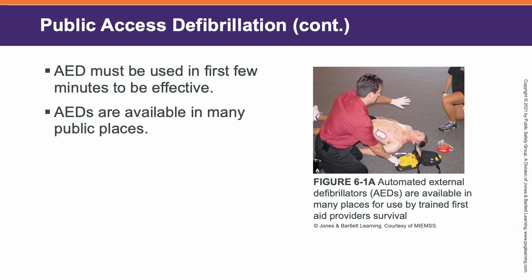AEDs are also available in many public places. So as you're in buildings, especially public places, it's important to look for AEDs. Most of the time, they'll be on the wall in a metal cabinet. They kind of look like this most of the time, square. They'll have a little glass window where you can see it, and then it will say AED.